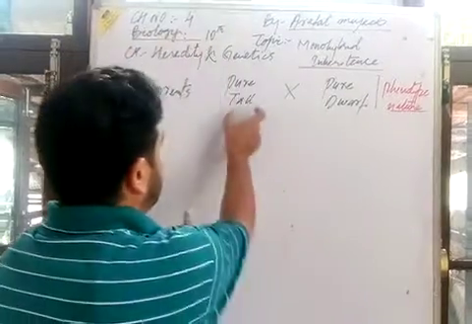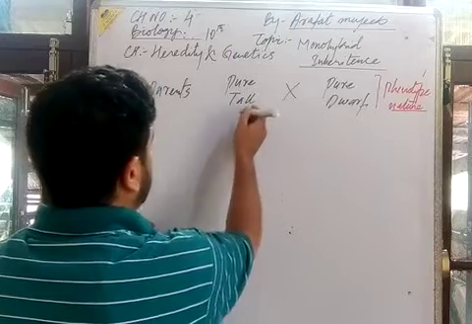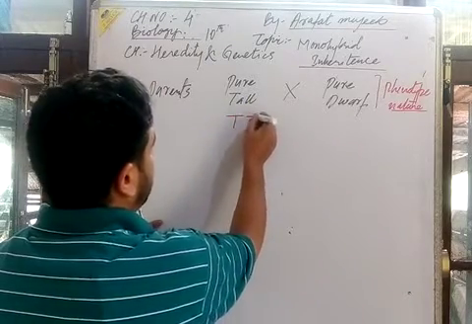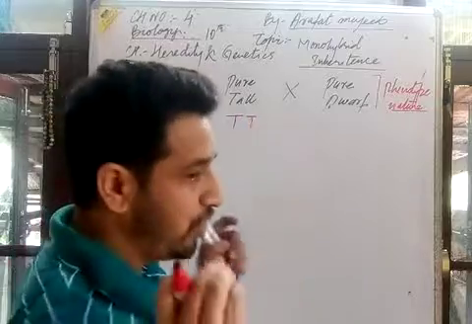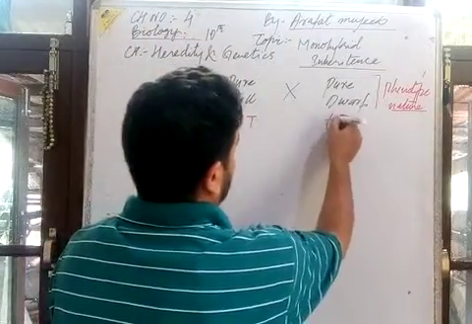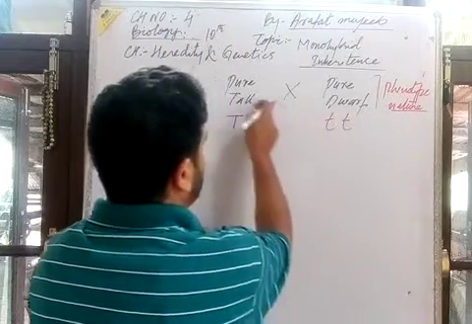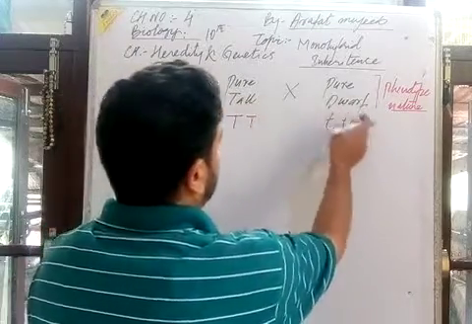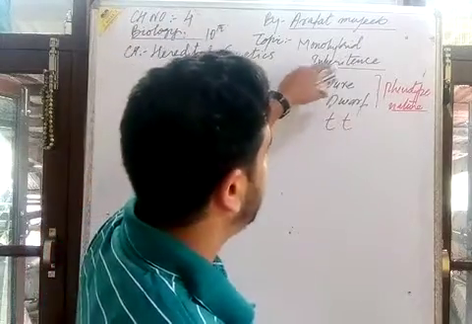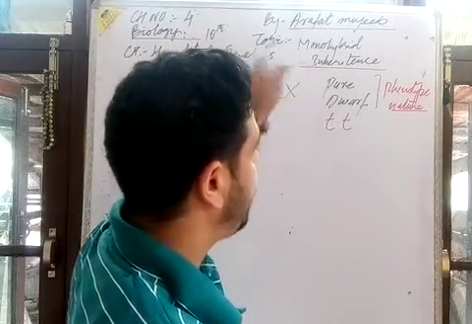It can be represented by the genotype, by a pair of genes, capital T. As I said, the dominant character is always represented by capital T, and the recessive by small t. This is a pair of factors that maintain and regulate this character, this dwarfness, in a pea plant.